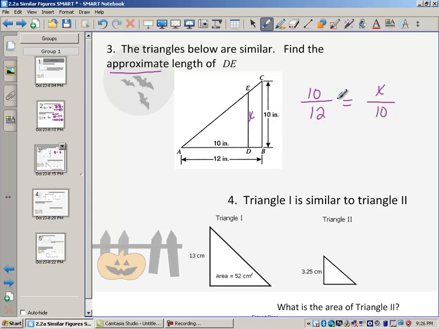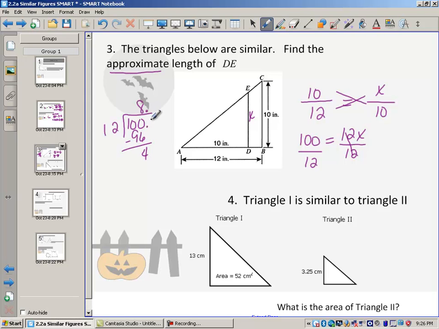Then to solve a proportion, y'all know we cross multiply. 10 times 10 is 100. 12 times x is 12x. And then I'm going to have to divide so I can get that missing side. So I'm going to have to do 100 divided by 12. Well, 12 will go into 100 8 times.